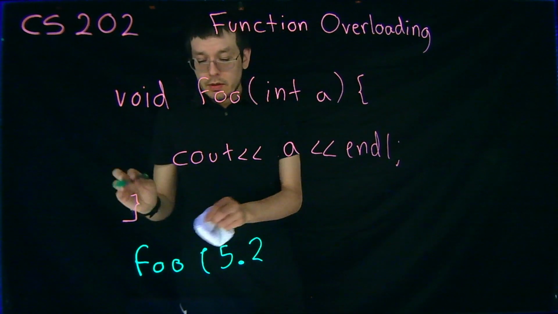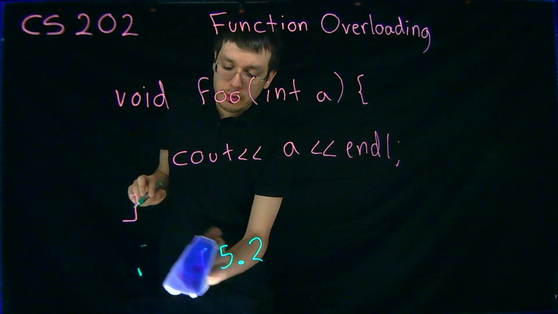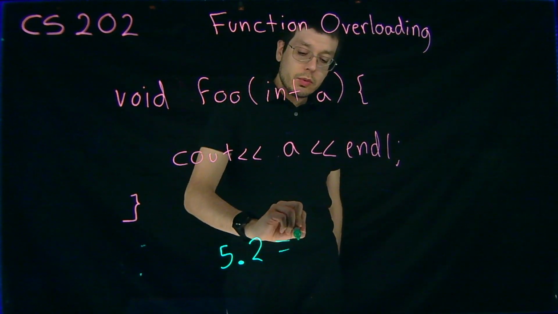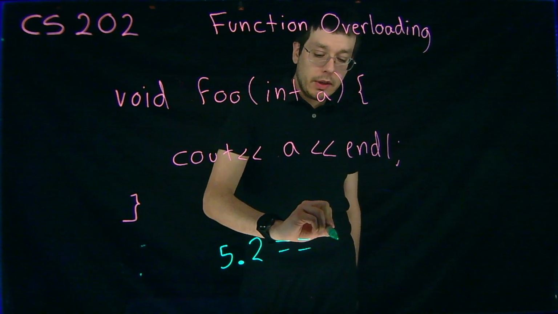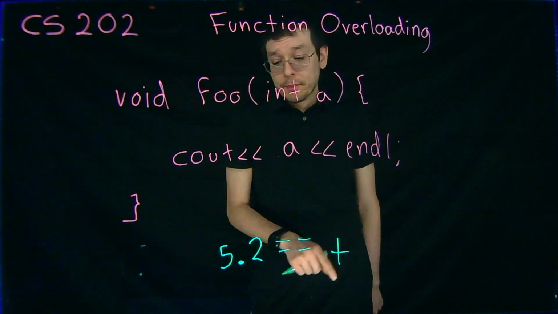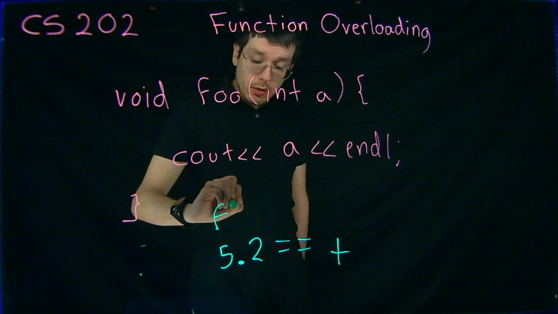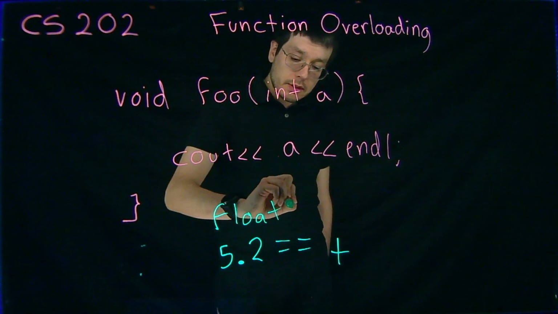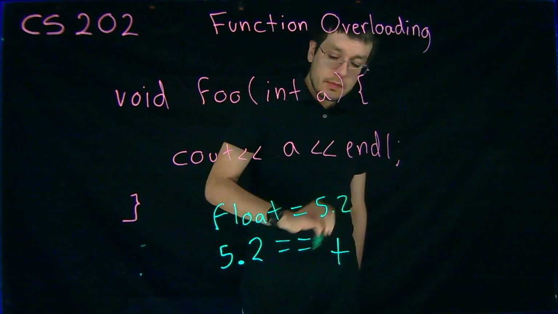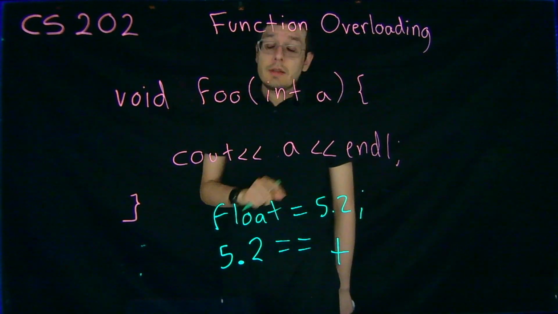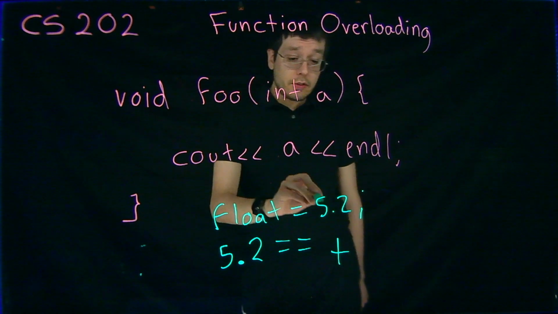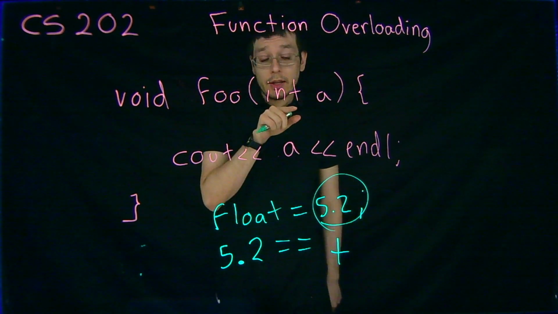Ignore this for a second, but if you were saying 5.22 is equal to some variable t, and that t was a float, you're comparing a float and a double, and even if that float t had 5.2 in it, these things might not turn out to be equal, because this here is actually a double.